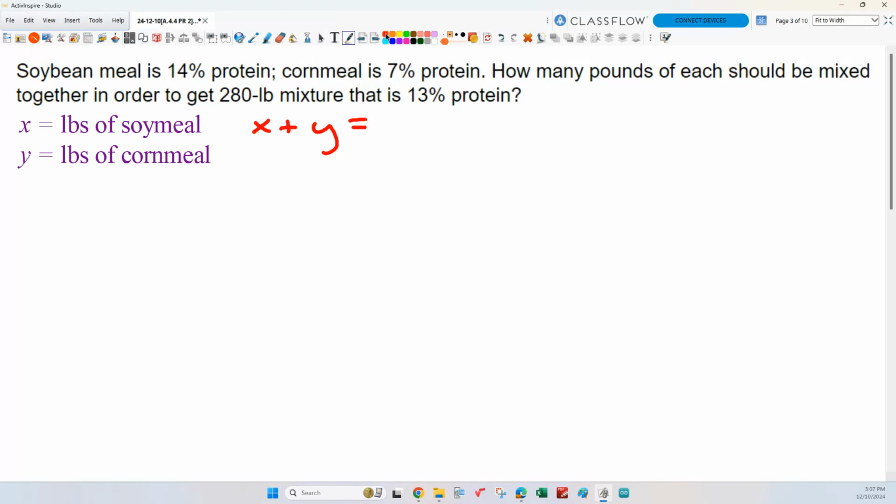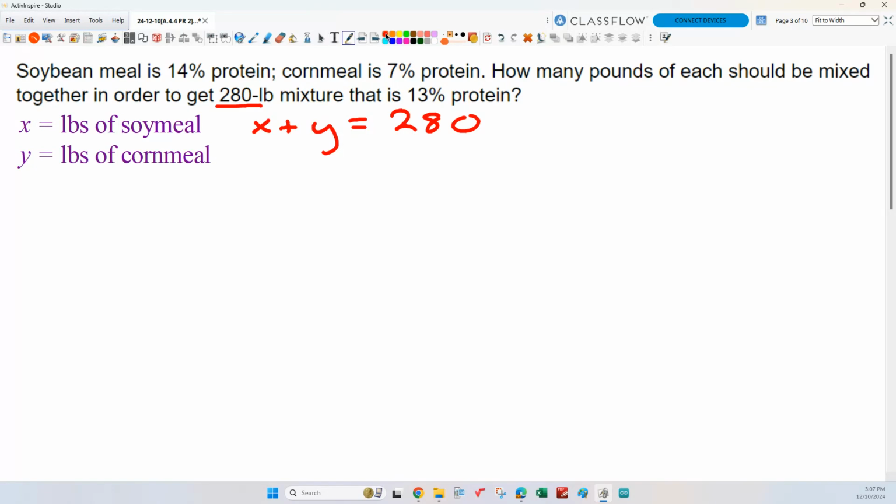Does it tell me how many pounds I need? 280. There you go, right? So we're talking about pounds plus pounds equals 280 pounds. The units on the left have to equal the units on the right. Okay? Give me thumbs on that. Does that make sense? Okay, so there's my easy one.